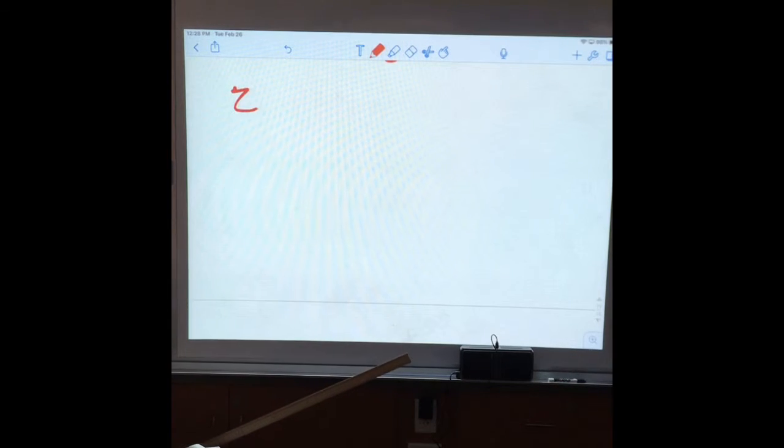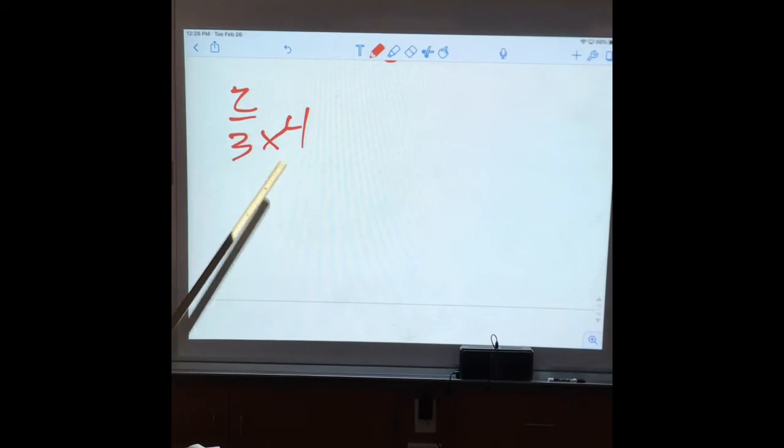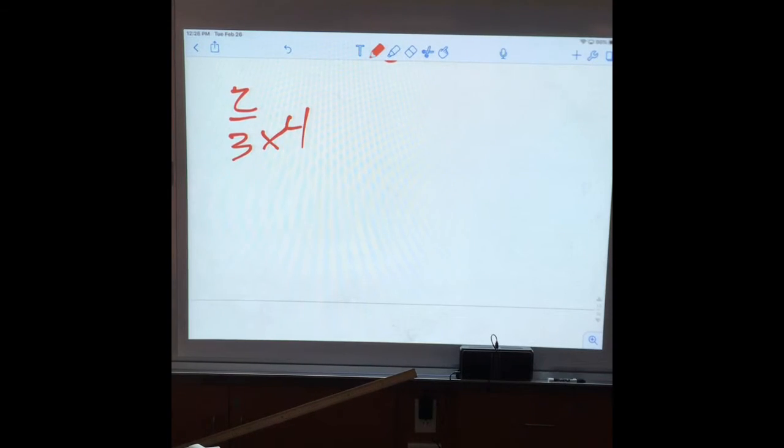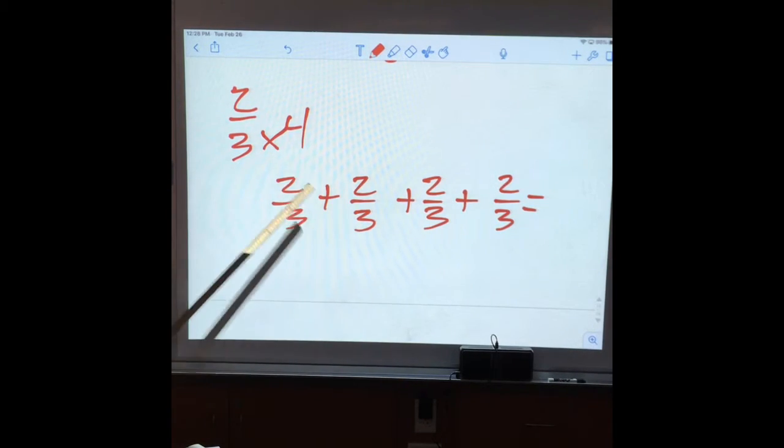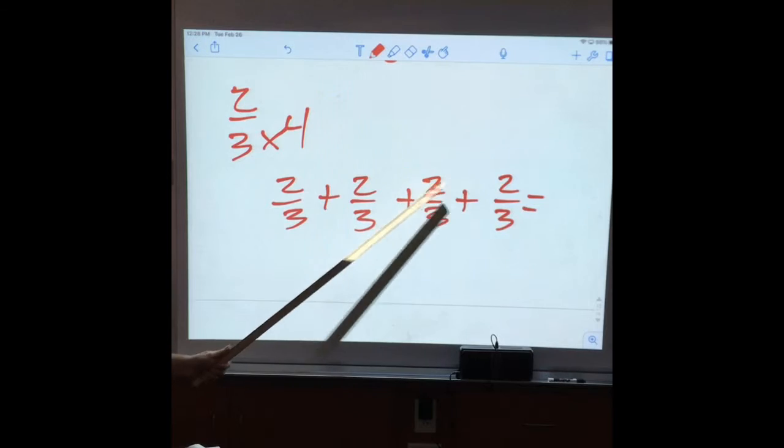Okay, let me do one more problem with you, which is 2/3 times a 4th. How could I do that? Well, I've got this. How many of these am I going to make? I'm going to make 4 of them. How many does that make? 2, 4, 6, 8.